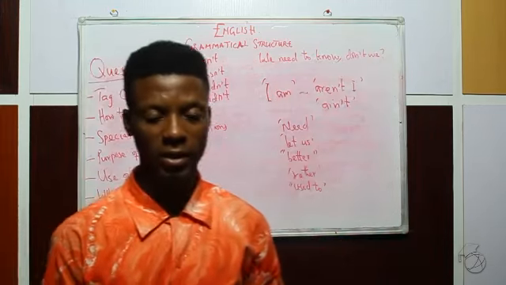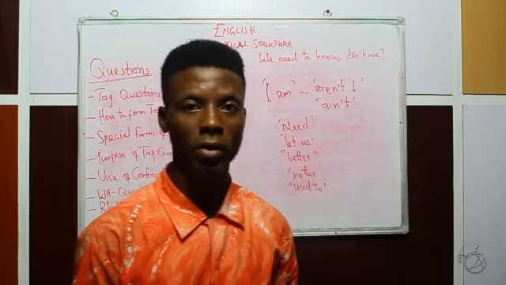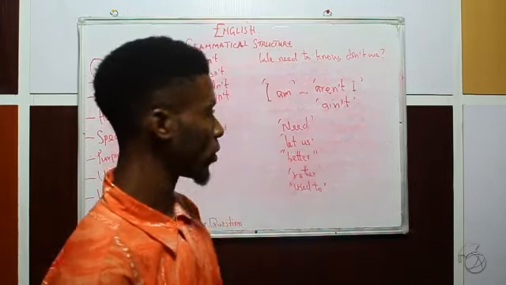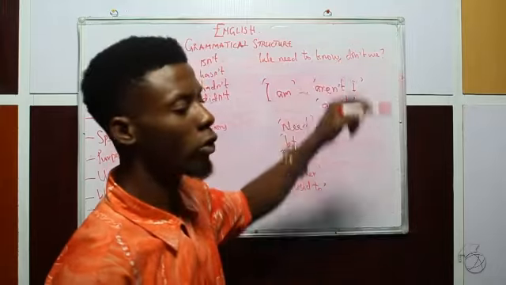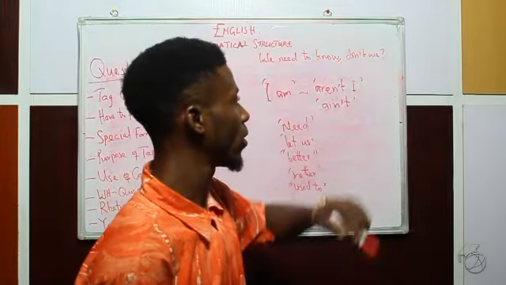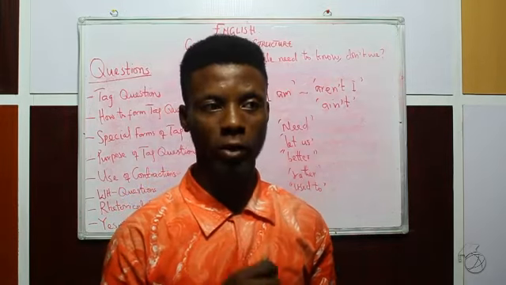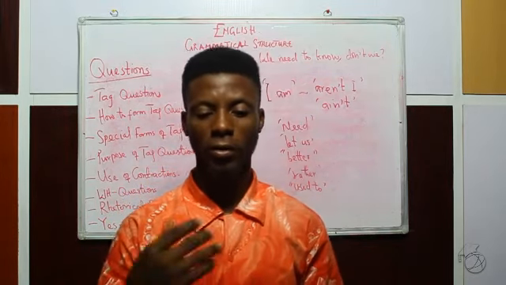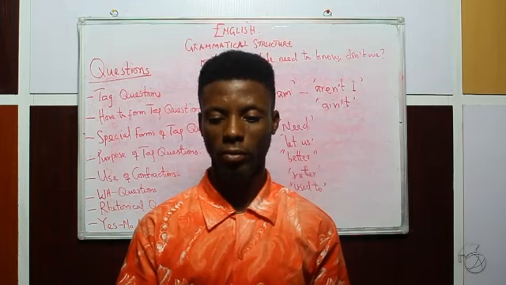The main statement is always separated from the tag question with a comma. On no occasion must you write it out bluntly without a comma separating the statement from the tag question.